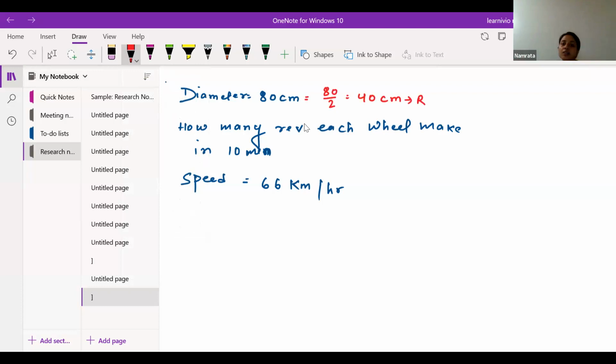We know the car completes one revolution, and that is called the circumference of the circle, right? One revolution means circumference. Yes or no? Yes, ma'am.